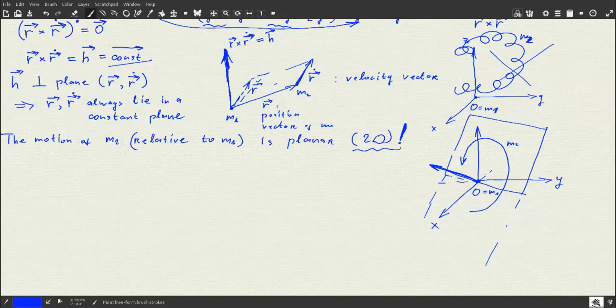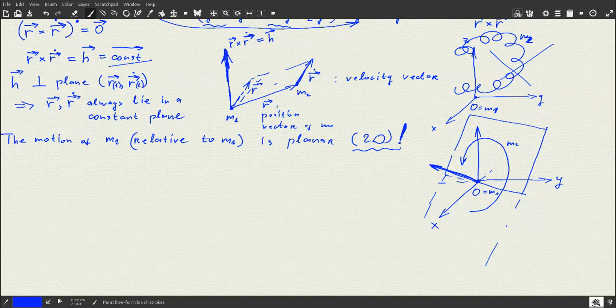You see that, in general, we have two vectors, r and r dot. But obviously, the vector r depends on time, because the body is moving. R dot is a function of time as well.